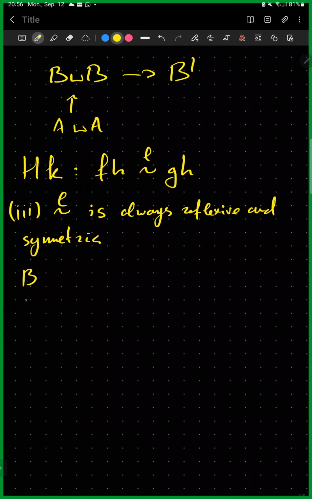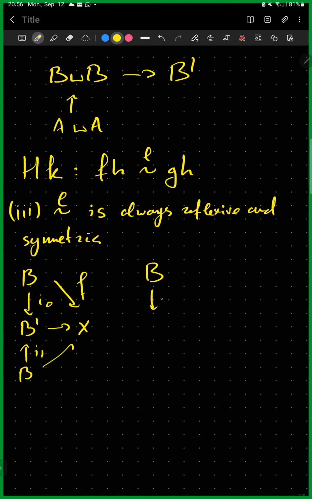So why is it symmetric? Well, just because if we have a left homotopy from F to G, we can just flip the two bottoms of the cylinder and obtain a homotopy from G to F.